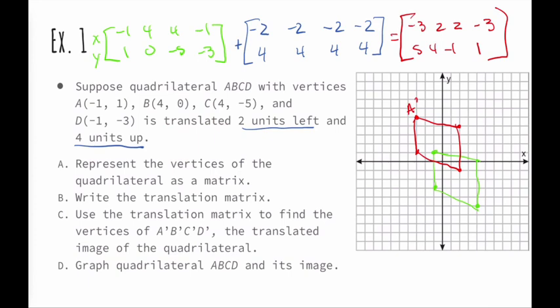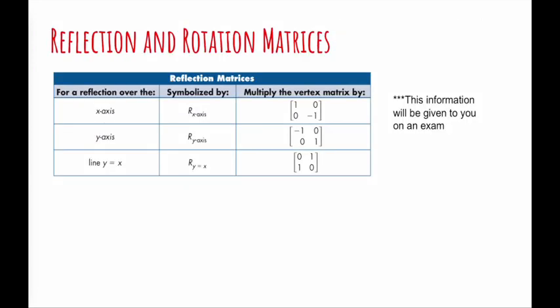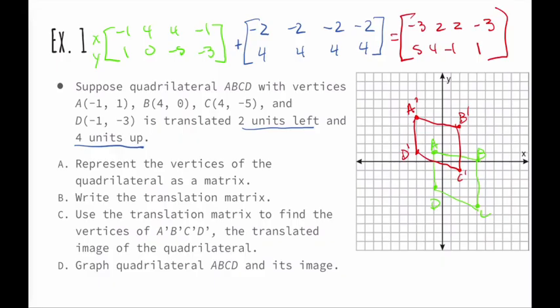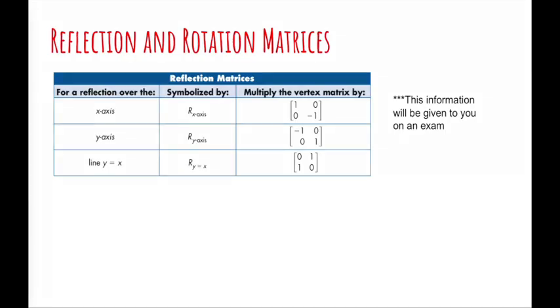A prime, B prime, C prime, D prime, and this was A, B, C, D. So that's translations. Translation is just adding the matrix with the x and the y, however you want to slide or translate the polygon, or the figure, whatever we're calling it.